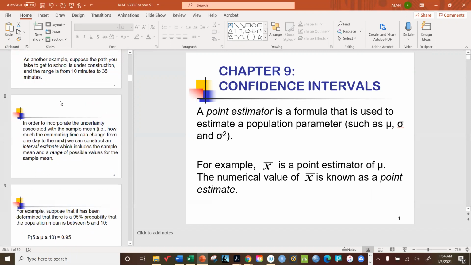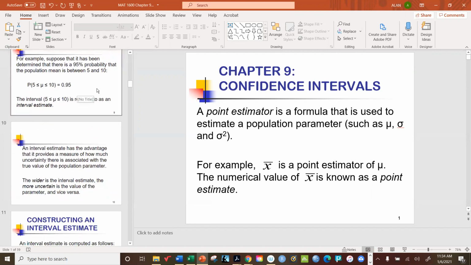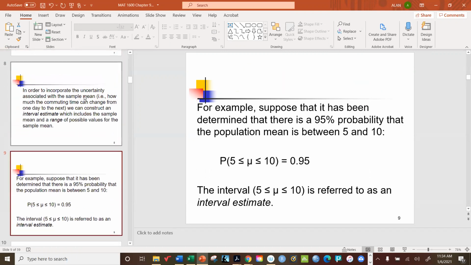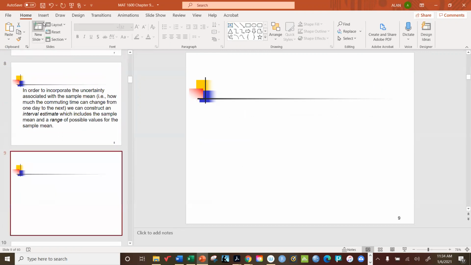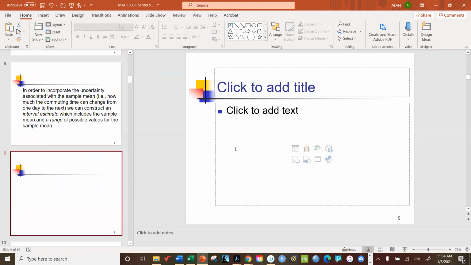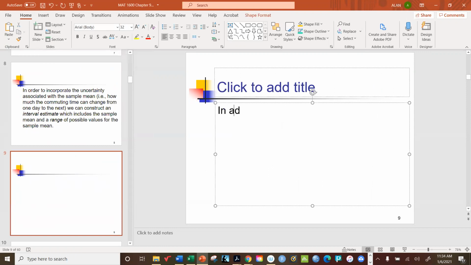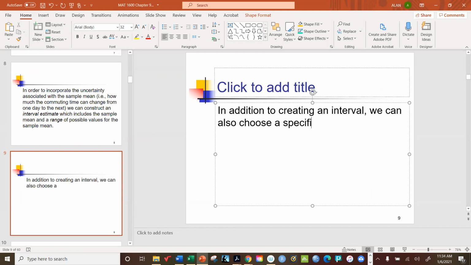Now, what's interesting about these confidence intervals is that we can not only create a range, we can also choose a specific probability for our interval.